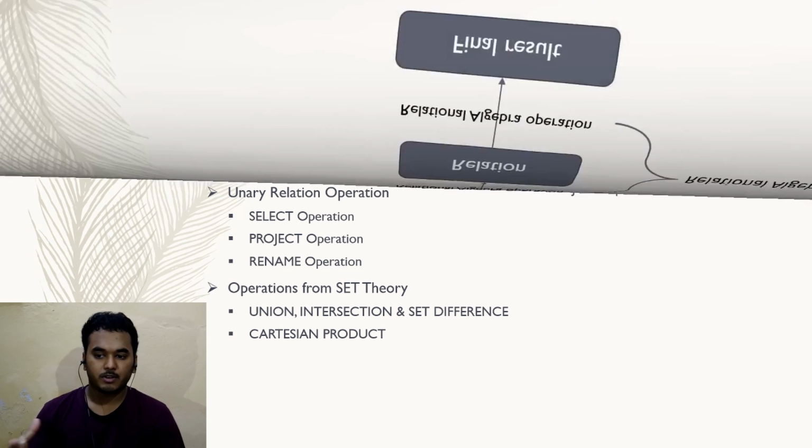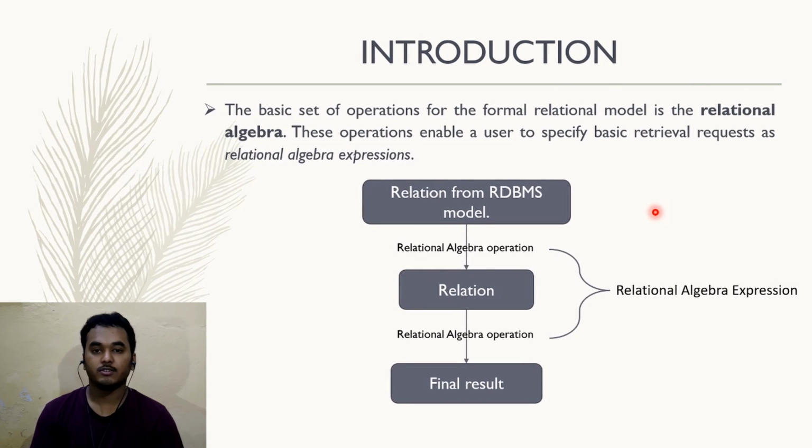So let's start with a brief introduction to relational algebra. As we know, a relational database management system allows us to perform a set of operations on the relations that we store. This set of operations is known as relational algebra. These operations enable a user to specify basic retrieval requests in terms of relational algebra expressions.